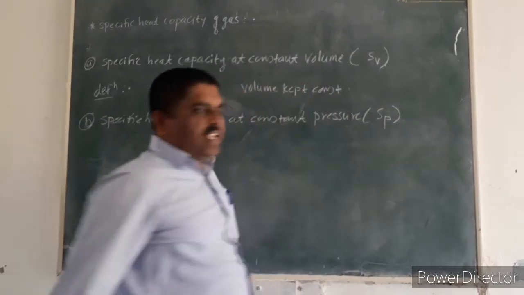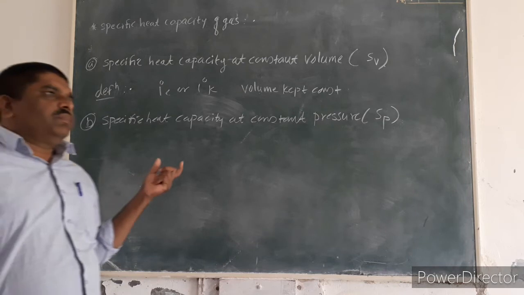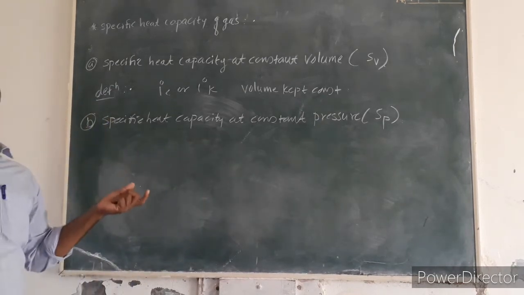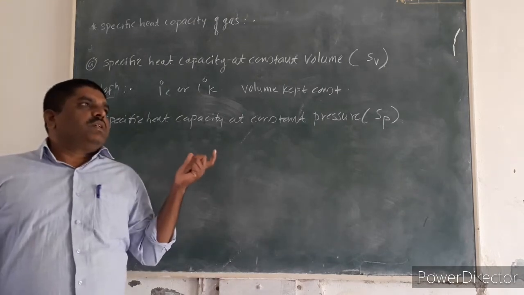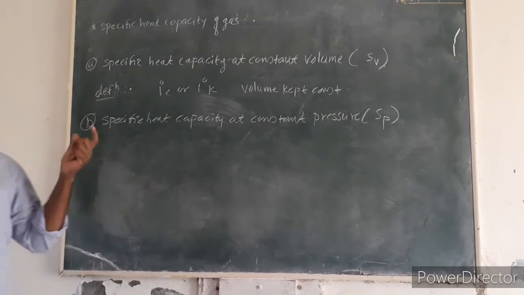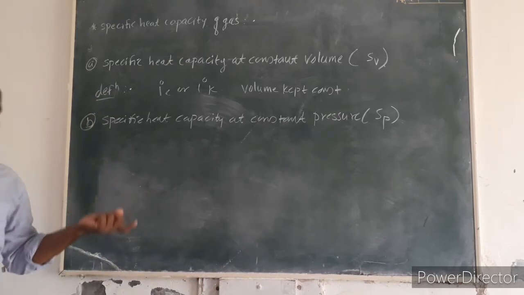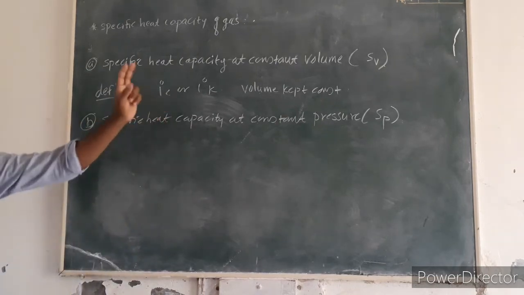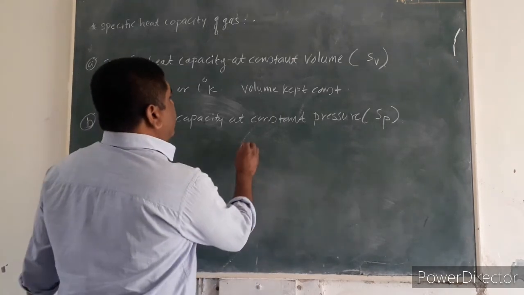SP is denoted as SP. The definition is same. The quantity of heat or amount of heat absorbed or gained for the rise or fall of temperature through 1 degree Celsius or 1 degree Kelvin and pressure kept constant.